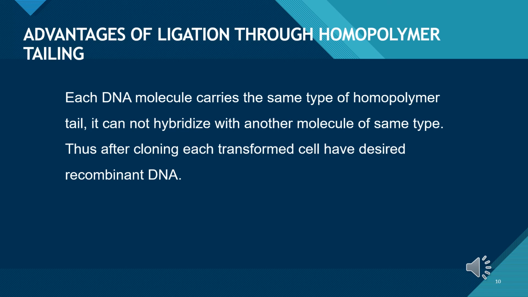The same type of tail cannot hybridize with each other. Thus, after cloning, each transformed cell has the desired recombinant DNA. There is no hybrid of insert DNA or vector DNA. This is the advantage of ligation through homopolymer tailing.